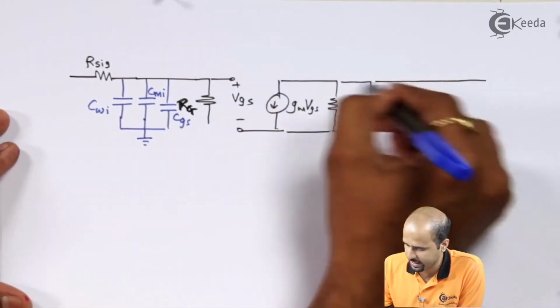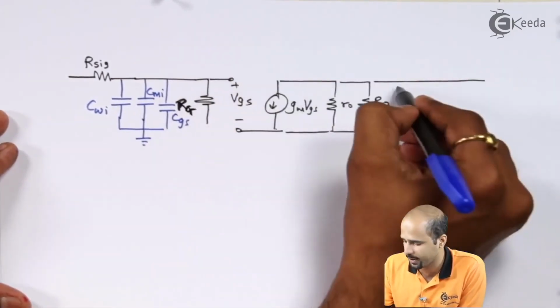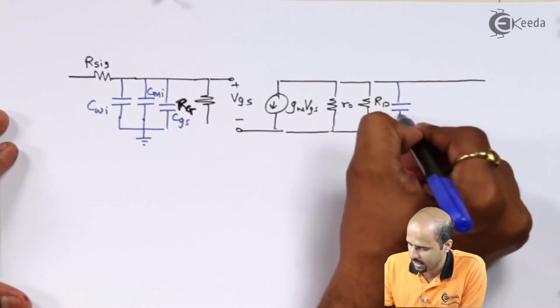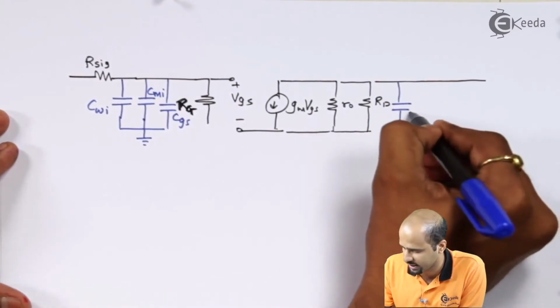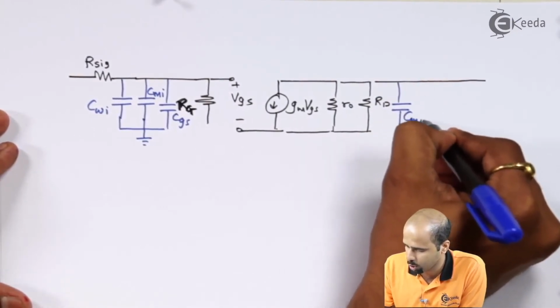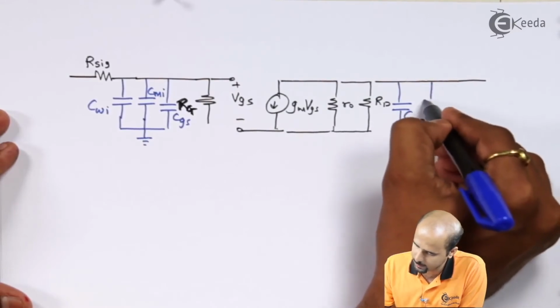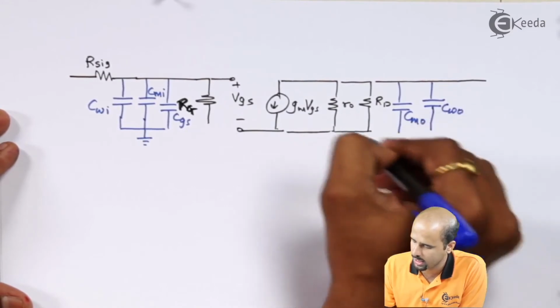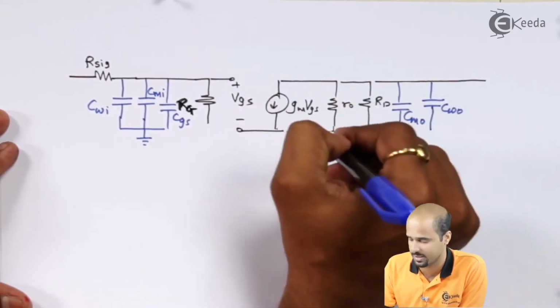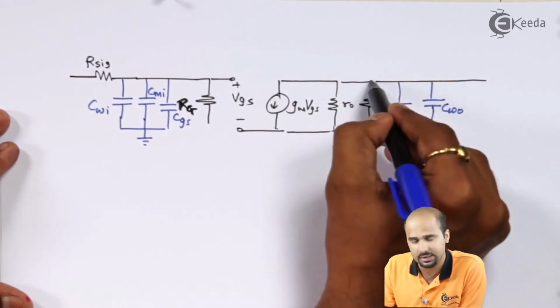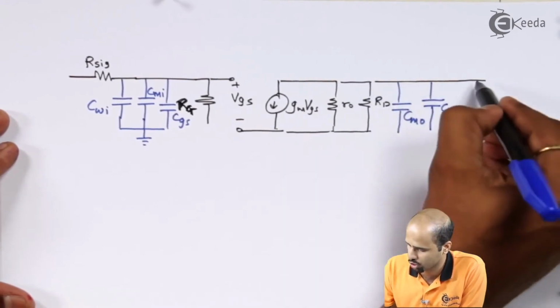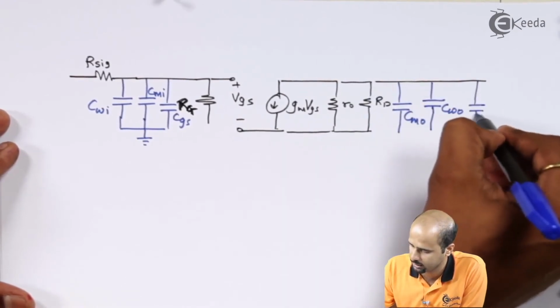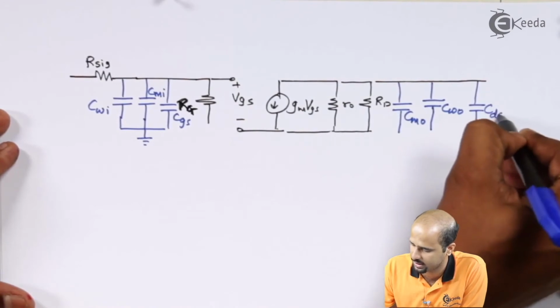Similarly, at the output side I will replace this CGD with the Miller's output capacitance, that is CMO. Another capacitance I get is CWO, and the original intrinsic stray capacitance between drain and source is CDS.